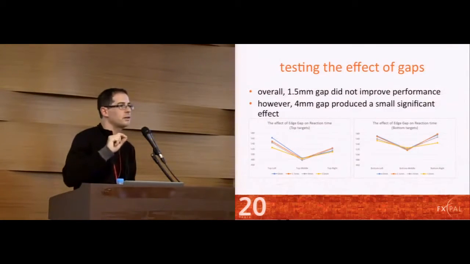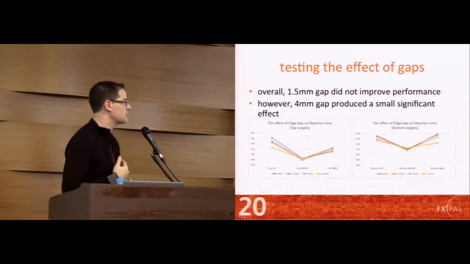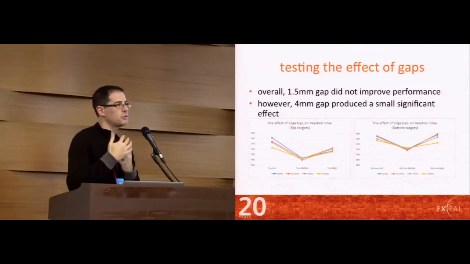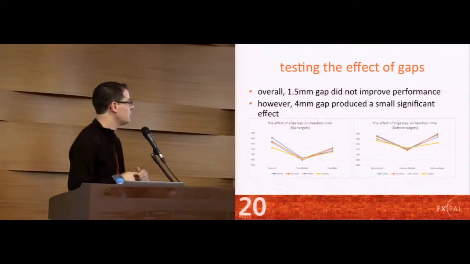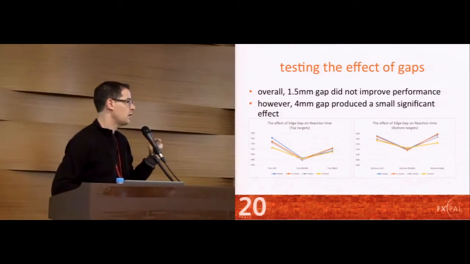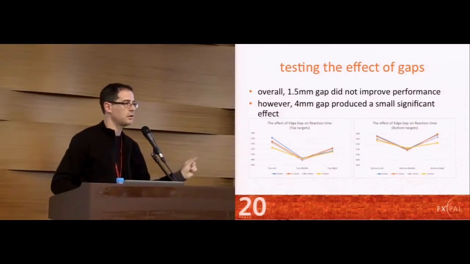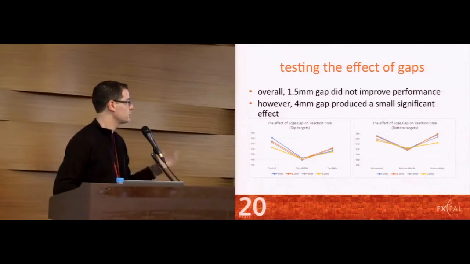Now if we look at the effect of adding different gaps between the target and the edge, to see if maybe just allowing you to see the target better would make a difference, we see that just adding a 1.5 millimeter gap between the edge and the target did not improve performance. However, as soon as there were 4 millimeter gaps between the target and the edge, there was already an improvement.